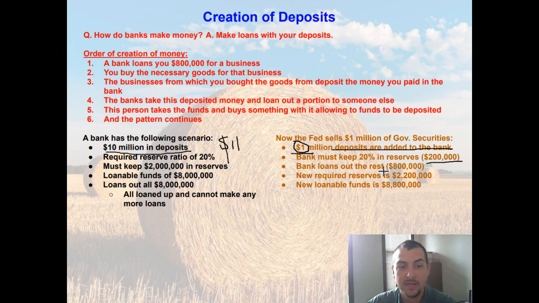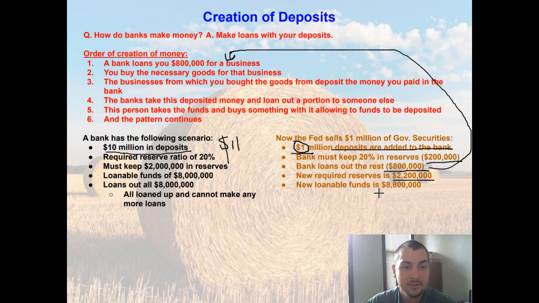And they loan out the rest, so they loan out $800,000. That's that $800,000 that got loaned out to that business right there. So the new required reserves: they must keep $2,200,000 in reserves, whereas they can loan out $8,800,000.